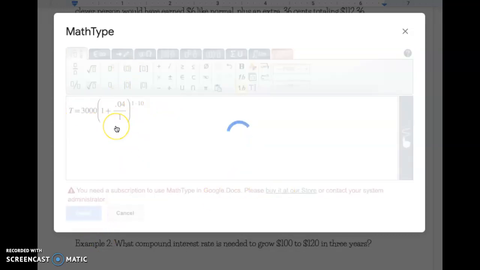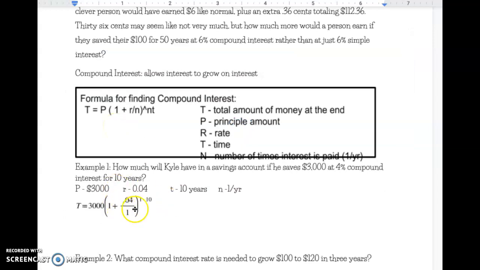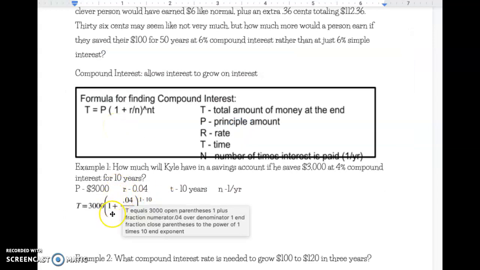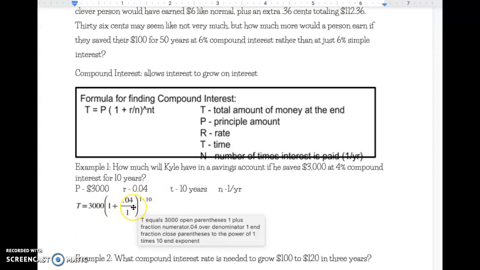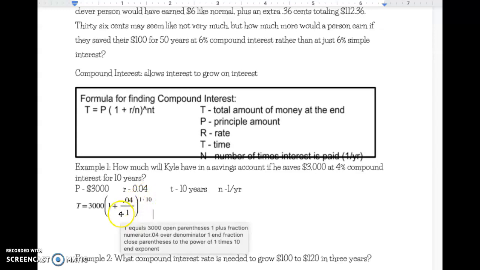So this is what we end up getting. This is our formula. Now in order to solve this, we need to take it in chunks. So we're going to simplify our parentheses first. 0.04 divided by 1 is just 0.04. 1 plus 0.04 is just 1.04. We're now going to raise that, remember exponent before multiplication, so raise 1.04 to the 10th.